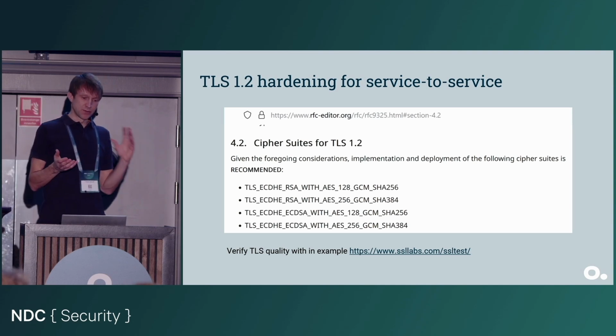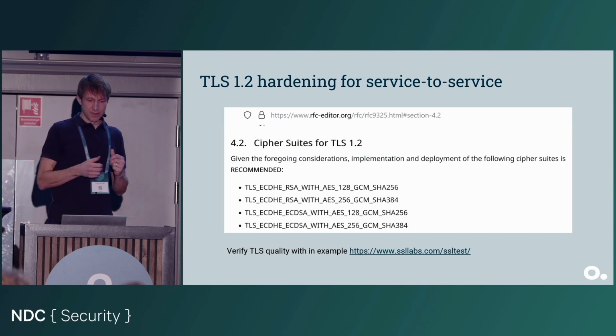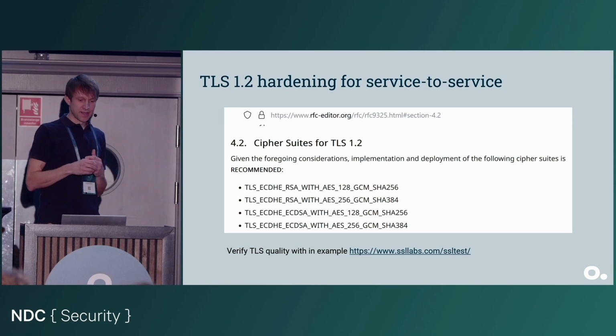There's more to say about hardening transport layer security, and we won't go into details. There are good tools you can use for scanning and evaluating your transport layer security, and one such tool that we use during penetration testing is from SSL Labs that you can use for public endpoints.